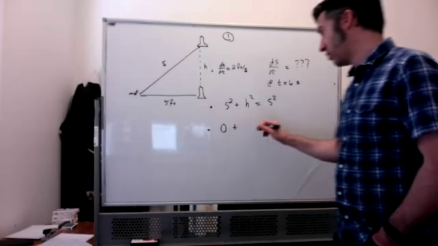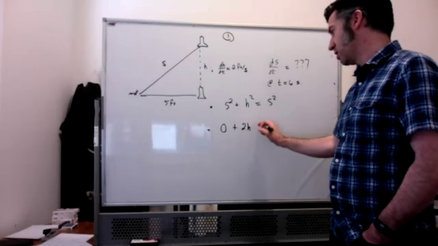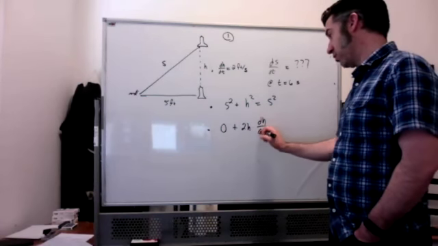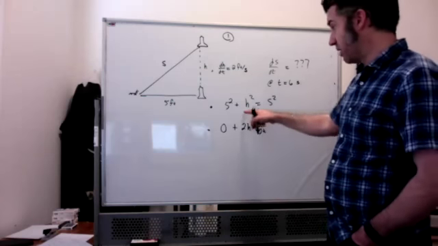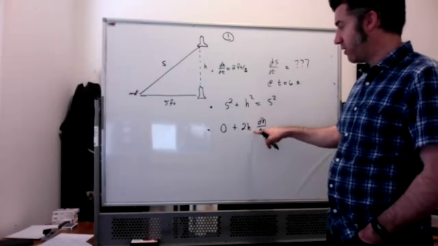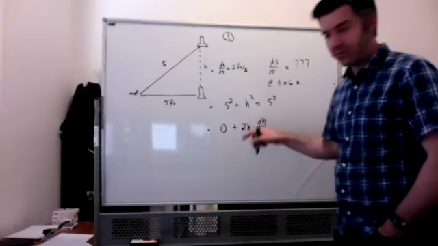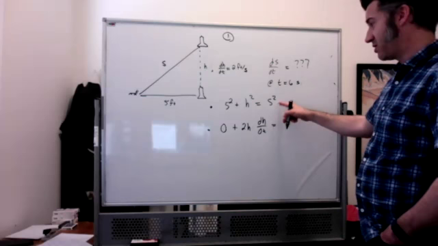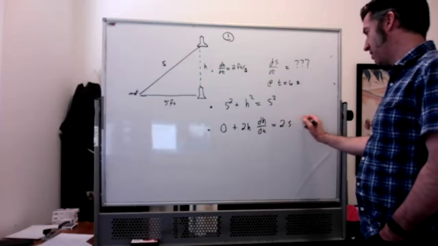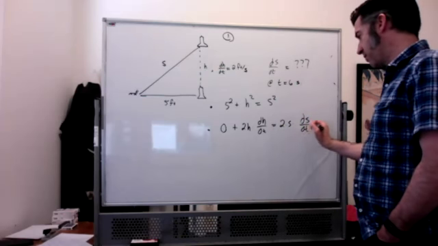The derivative of h squared is 2h times dh/dt, right? We're differentiating with respect to time. So the derivative of some stuff squared is 2 times your stuff times the derivative of your stuff. Similarly, the derivative of s squared is 2s times ds/dt.